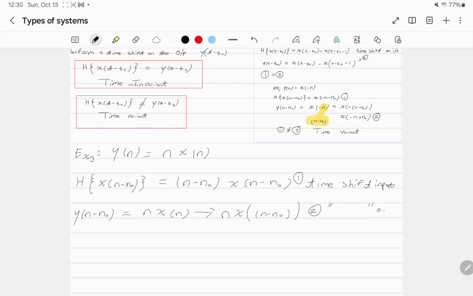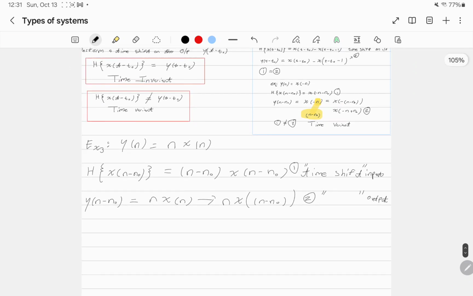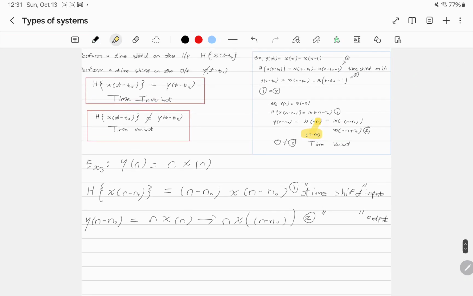So time shift on the output, and we can clearly see that the shift on the input and the shift on the output are not equal. So we could say that is time variant.